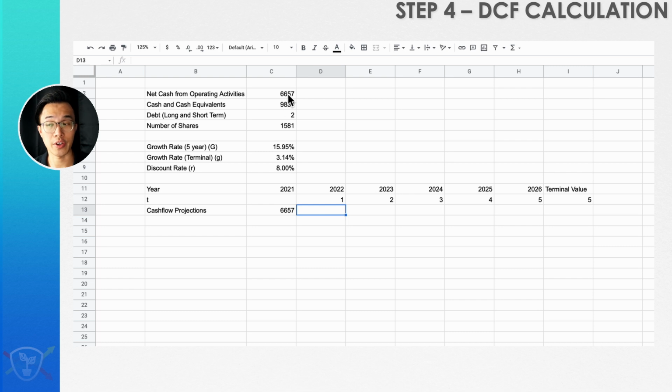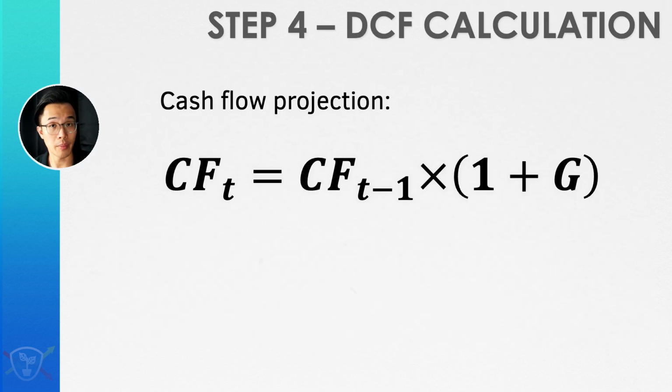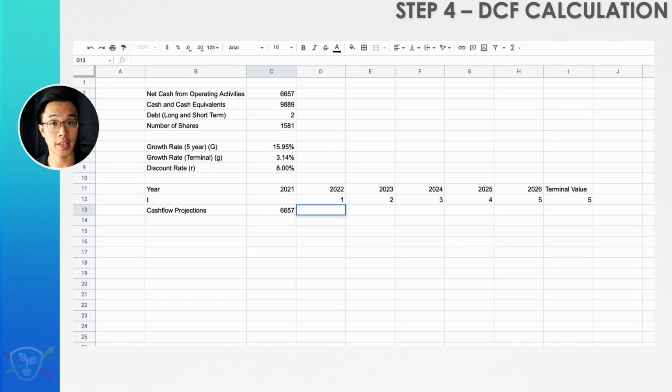From this point, we're going to be using the 5-year growth rate to project the cash flow figures for the next 5 years. The formula for that is the cash flow from the previous year multiplied by 1 plus the growth rate, which is the big G. So we're going to key in the formulas.